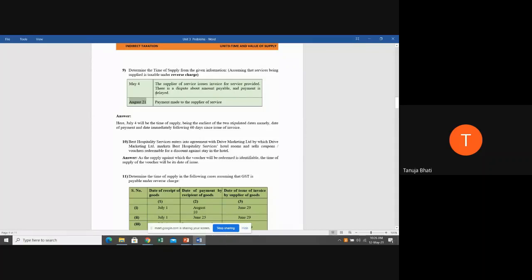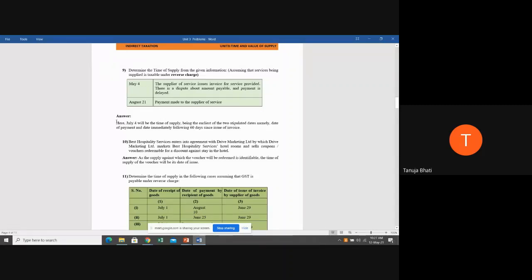Now the date of payment is August 21st, and for 60 days from the date of issue of invoice, May 4 is the date of issue of invoice. From that, if you take 60 days, it becomes July 3 and the 61st day becomes July 4.